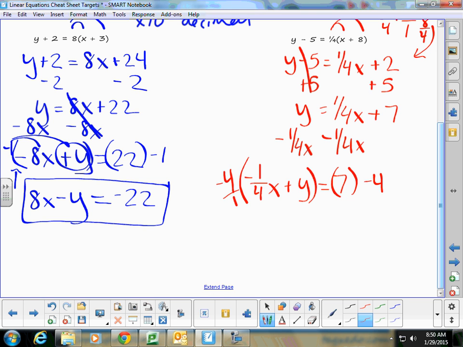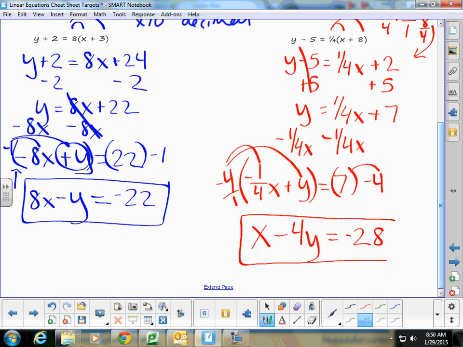So -4 times -1/4 is just a positive 1x. -4 times y is a -4y. And -4 times 7 is a -28. Ta-da!